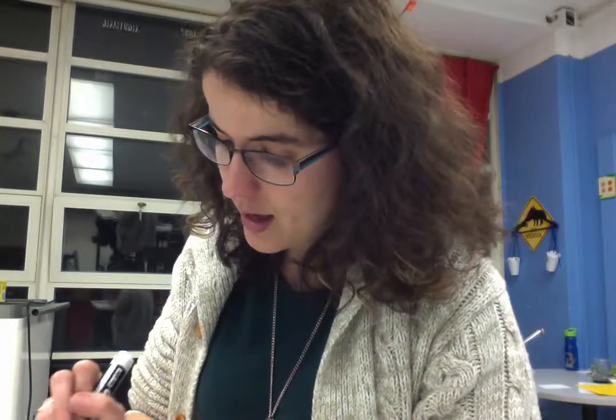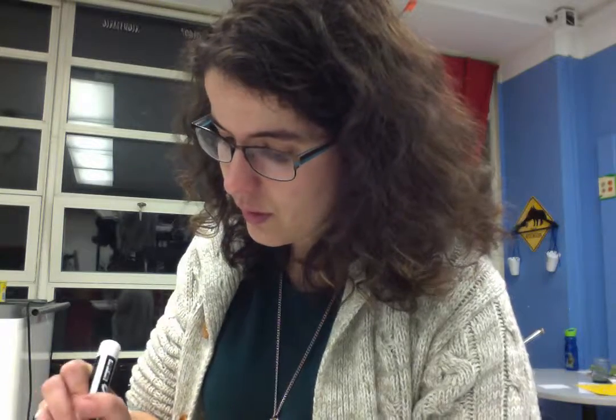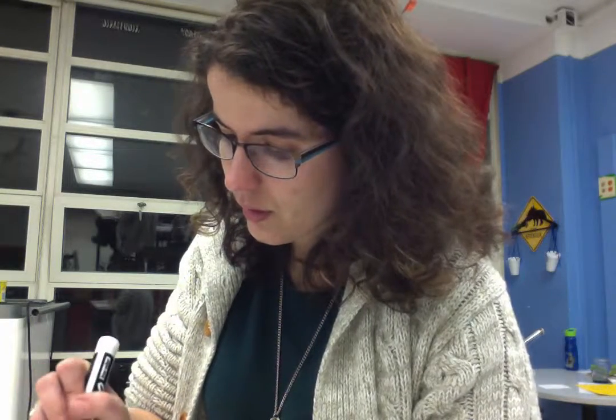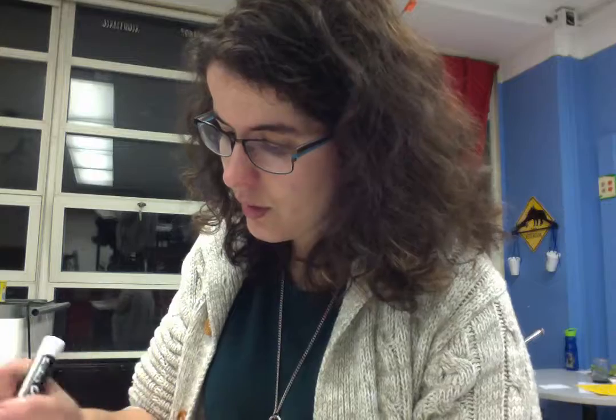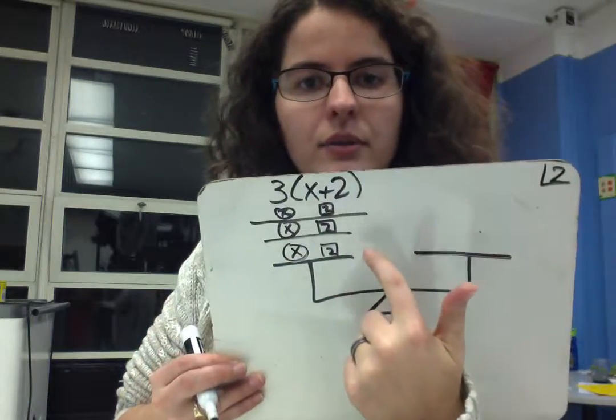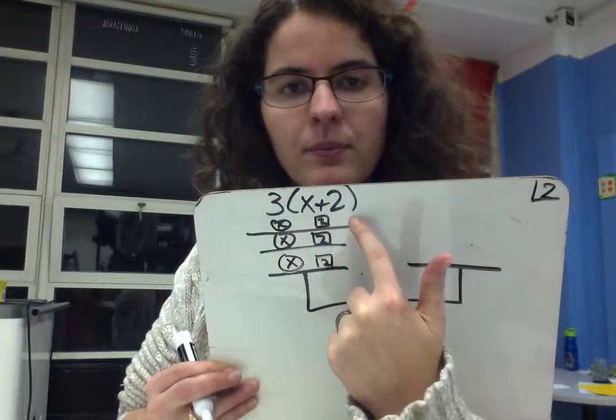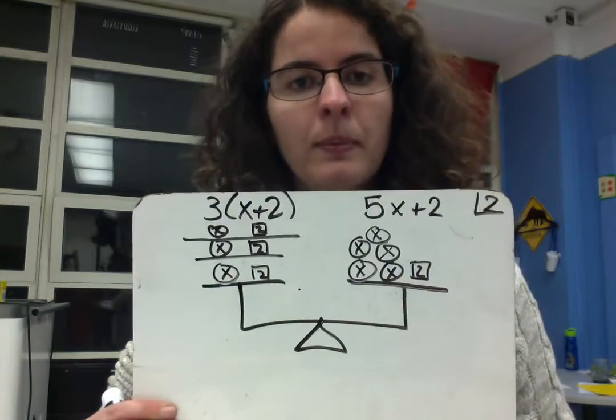I could say I have x and 2, and I have that 3 times. So I have 3 groups of that. Then on the other side, 5x plus 2. No grouping here. It's just 5 x's, and then the 2 left over.